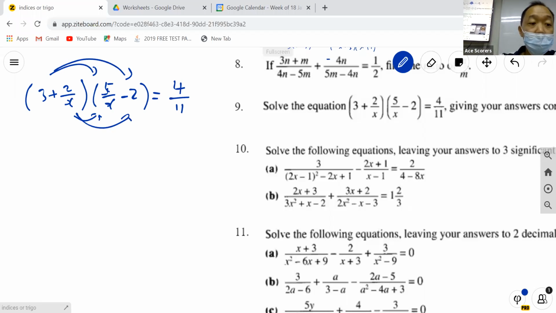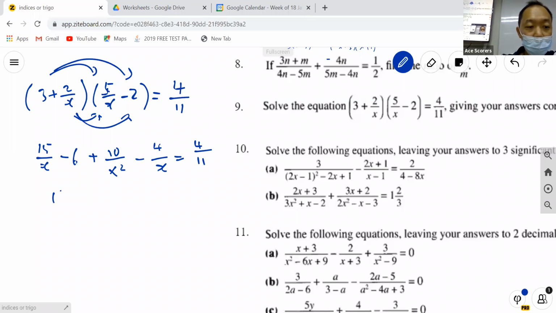So what do we get? 3 times 5 is 15 over x minus 6 plus 10 over x squared minus 4 over x, equals 4 over 11. All right, so we can rearrange this. So 15 minus 4 is 11 over x minus 6 plus.